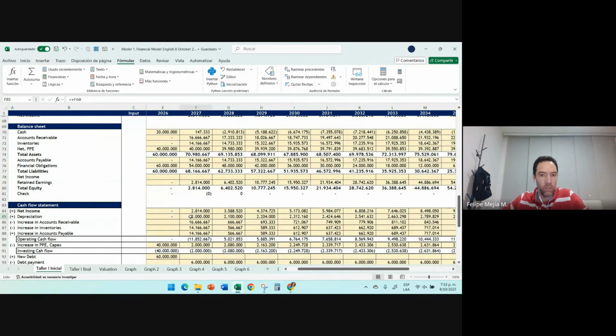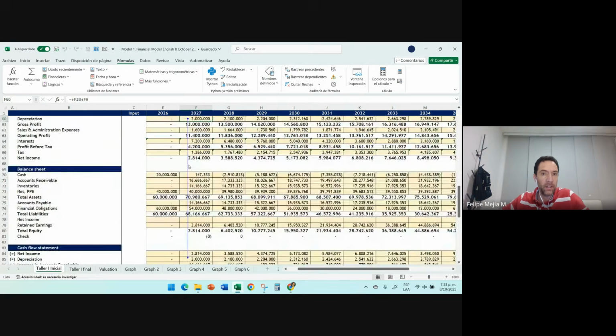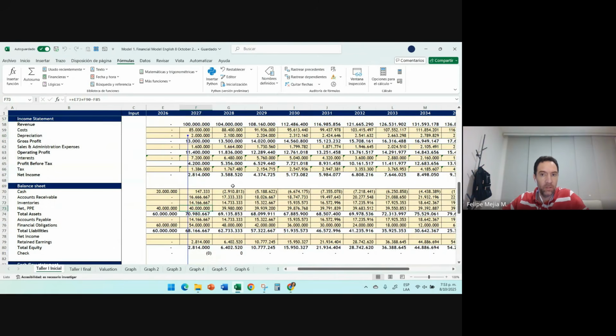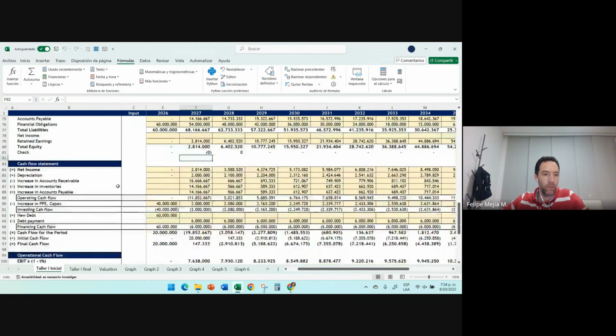I just need to make sure that we're using the same number here and that our balance sheet is closed. And here it works perfectly because it's taking the previous amount of property, plant, and equipment. It adds the capex and subtracts the depreciation. So everything seems to be working perfectly.